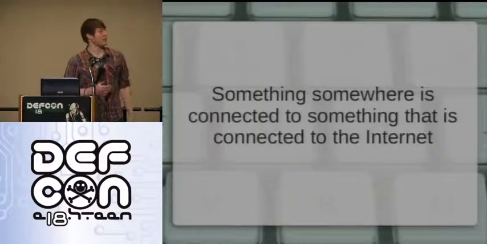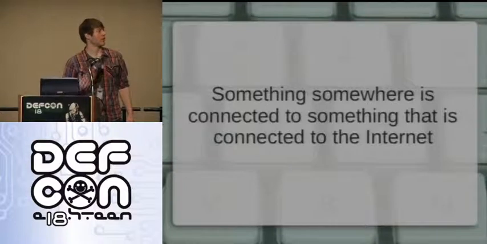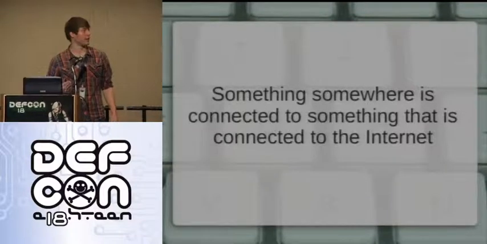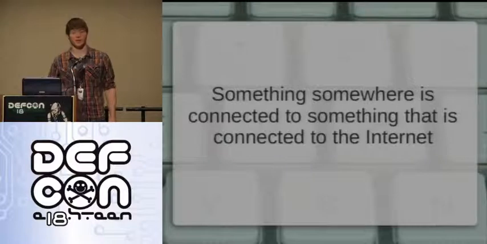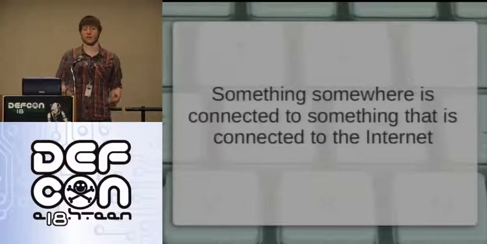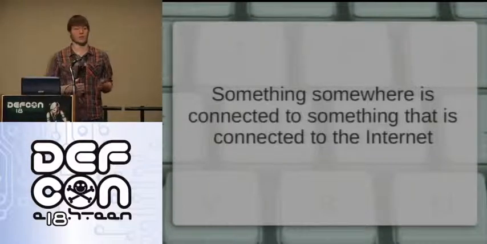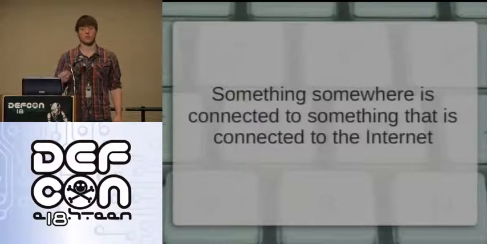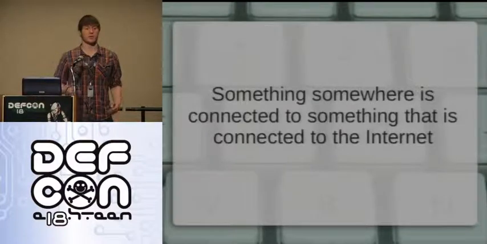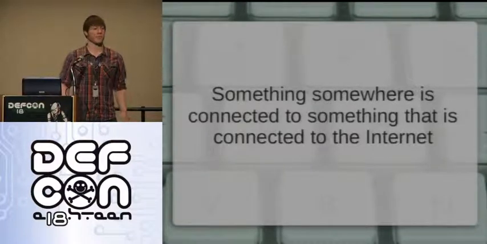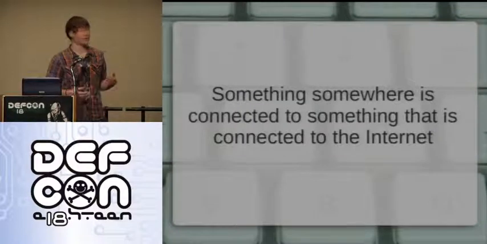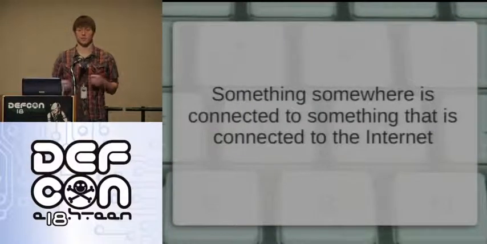But still, something somewhere is connected to something that may be connected to the internet. The whole process of communication means you can communicate with things anywhere. You've got to be able to communicate with it to control it. So unless it's strictly physical access, something's got to be connected to something, and a lot of times it's connected to a system that's connected to the internet.